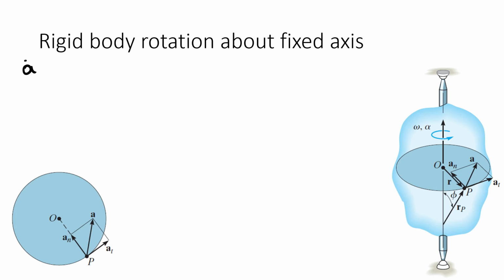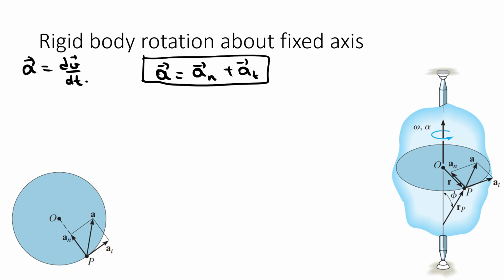The acceleration is again the change of velocity with respect to time, and then we have the normal acceleration and the tangential acceleration. If we add the normal acceleration to the tangential acceleration, we get the resultant acceleration.